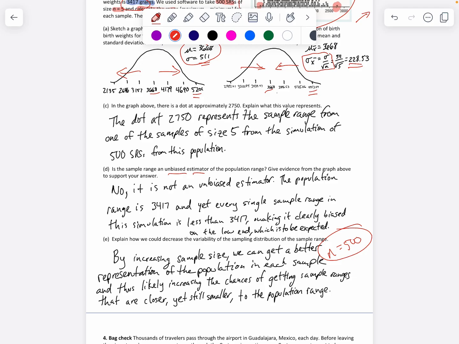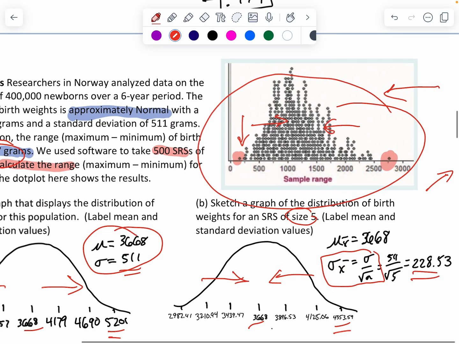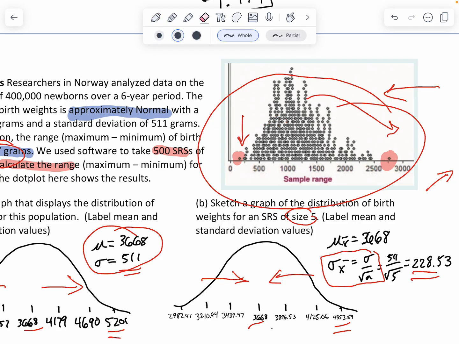In the 500, you're going to get some really, really light babies and some really, really heavy babies. So your sample ranges will still be less than the right answer, but this data will probably become closer to the real answer and be less variable. Okay, so the standard deviation will go down, it won't be as widespread, and it'll probably be closer to what it really should be, which is up towards the 3,400 number.